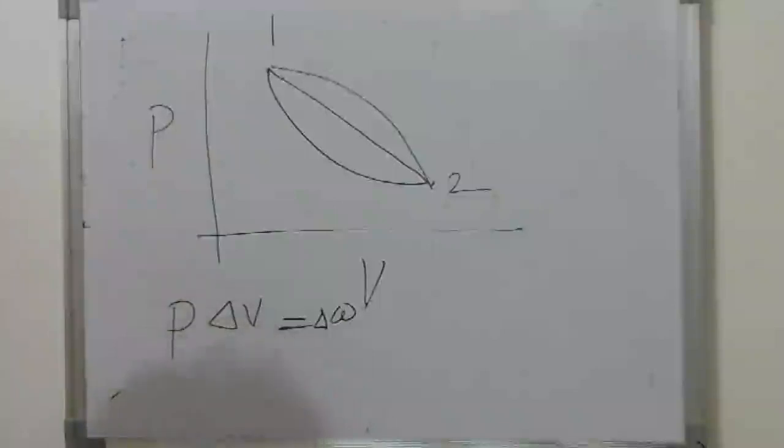In certain cases, we have to substitute the pressure in terms of volume to get it integrated, right? So those are the options. Now we'll come to the state functions that we are discussing.